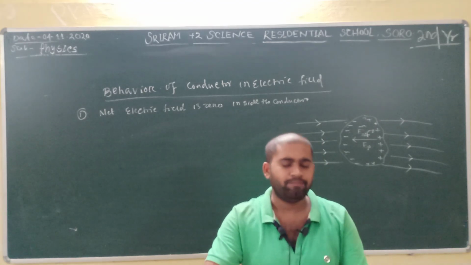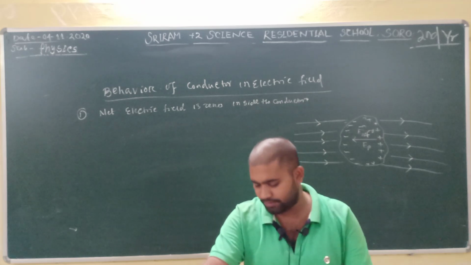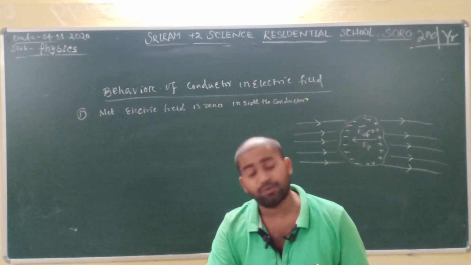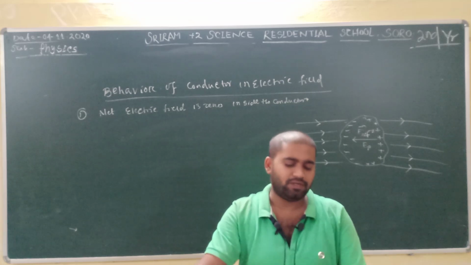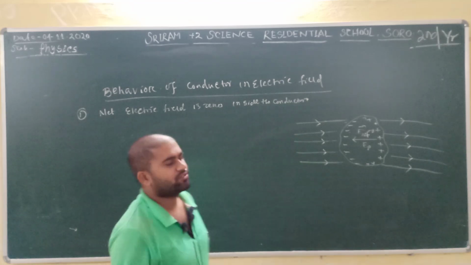Second thing we can say, as we have already observed in the case of electric potential and equipotential surfaces, the electric field outside the charged conductor is perpendicular to its surface.